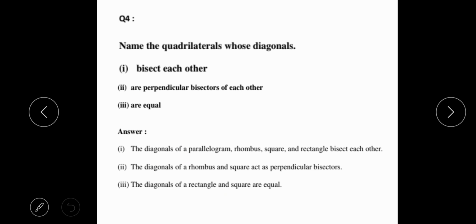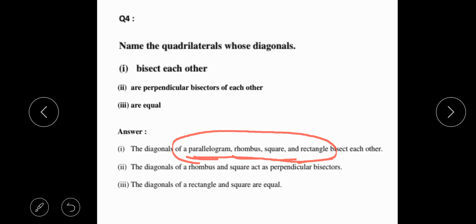Now next one. Name the quadrilaterals whose diagonals bisect each other. The parallelogram, rhombus, square and rectangle are the quadrilaterals in which diagonals bisect each other. Second, name the quadrilaterals in which the diagonals are perpendicular bisectors of each other.